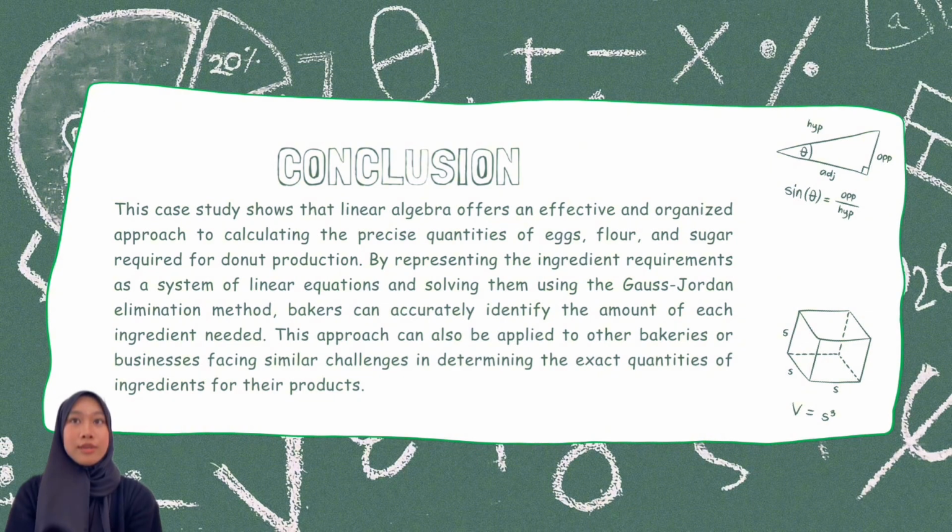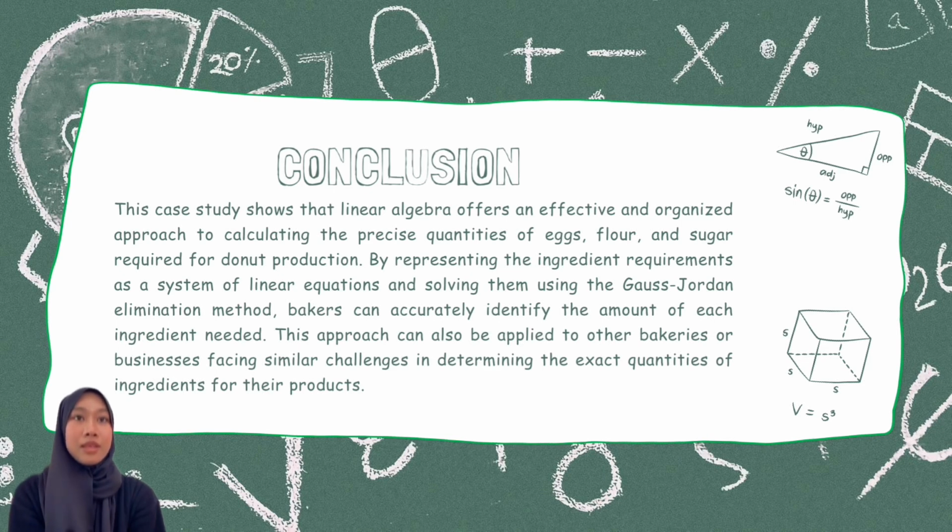In conclusion, this case study shows that linear algebra offers an effective and organized approach to calculating the precise quantity of egg, flour, and sugar required for donut production.